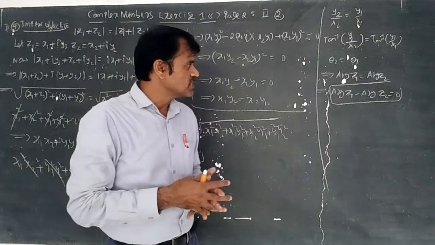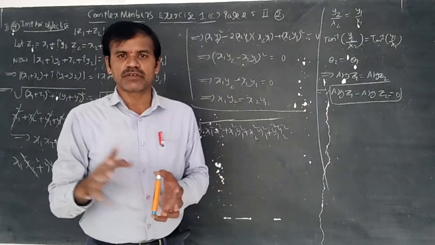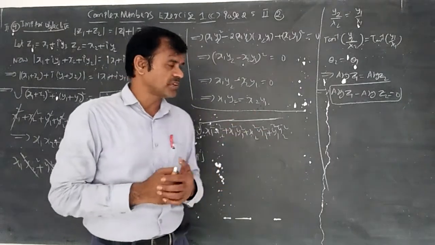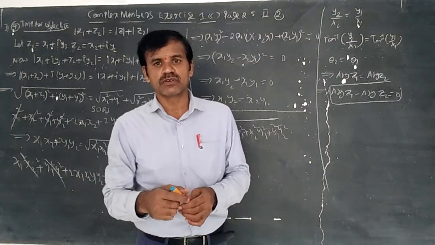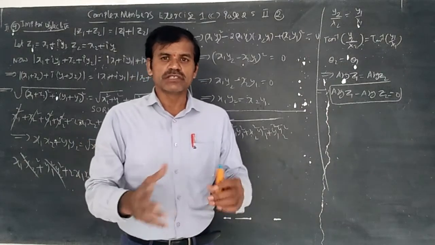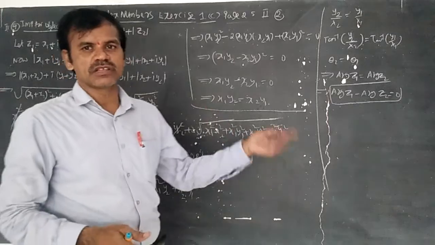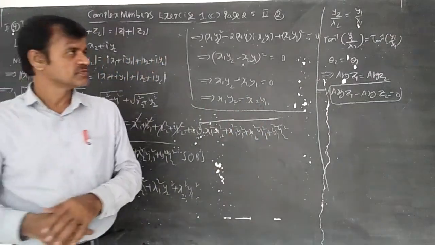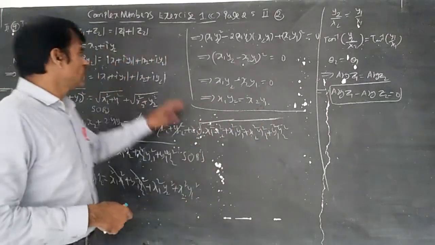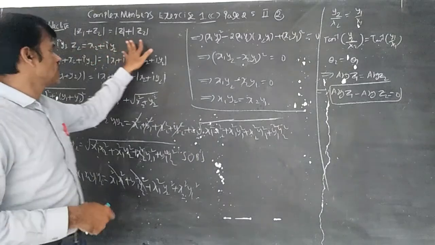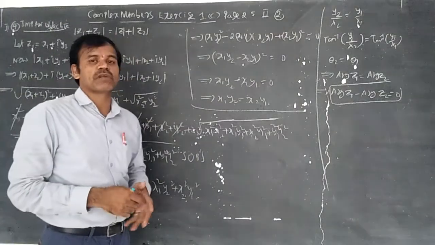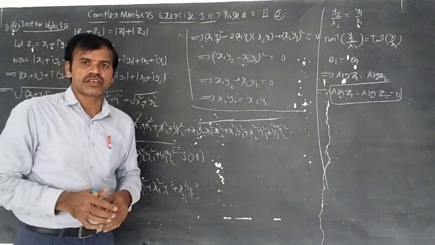You can easily put a tick mark that theta 1 equals theta 2, or argument z1 equals argument z2, or argument z1 minus argument z2 is equal to 0. So remember as a formula, whenever the separate modulus is equal to the total modulus of two complex numbers, then the angles are equal.